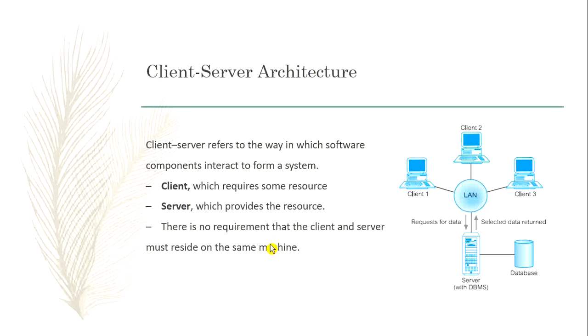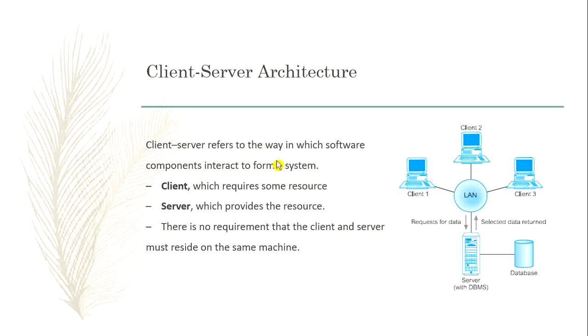Client-server architecture is basically the way in which software components interact to form a system. In client-server architecture, different kinds of computers, mainframes, file servers, email servers, printers, are all connected via a network.